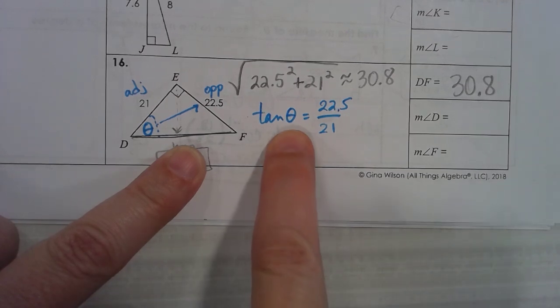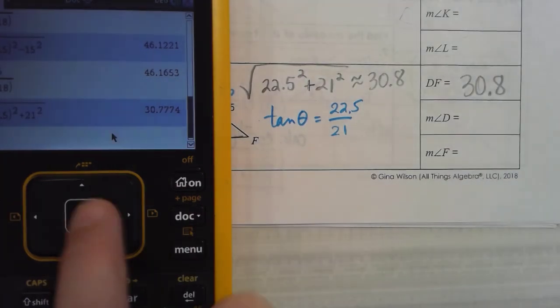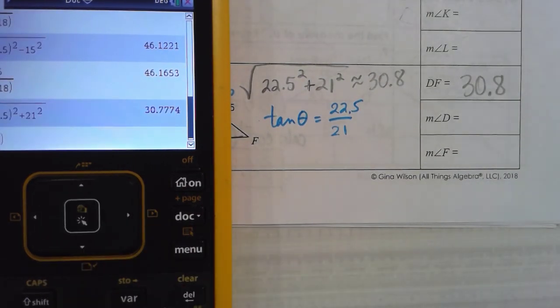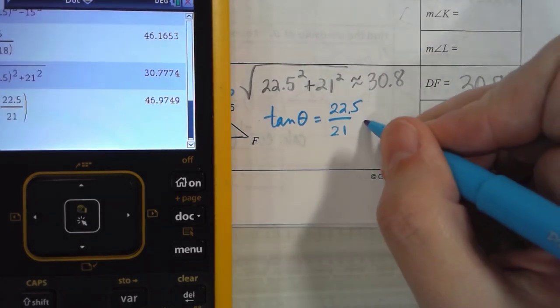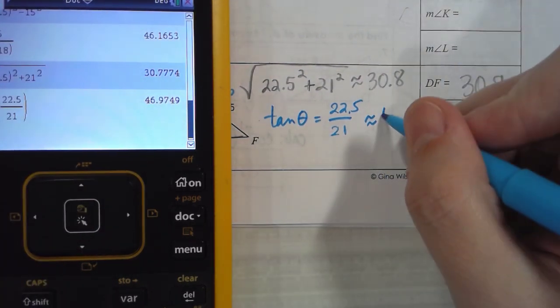When we're finding the angle, we use the inverse tan. 22.5 over 21, which equals 47.0. Yep.